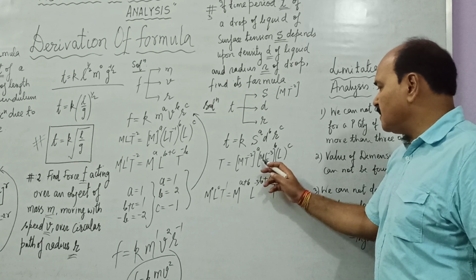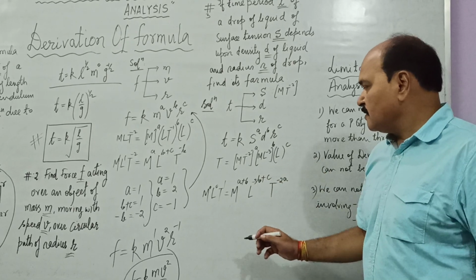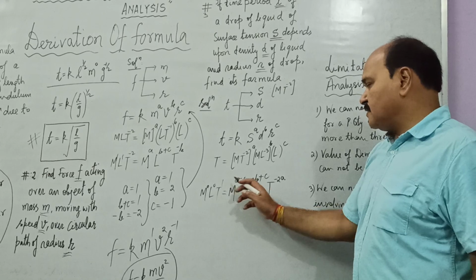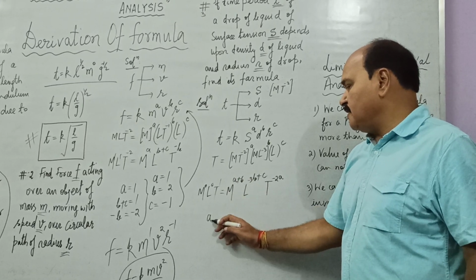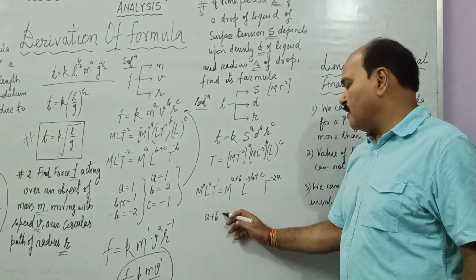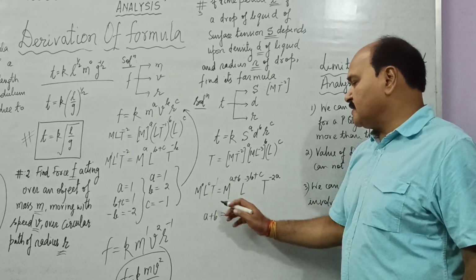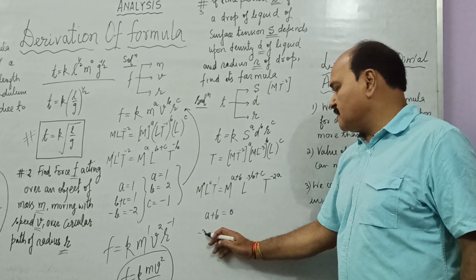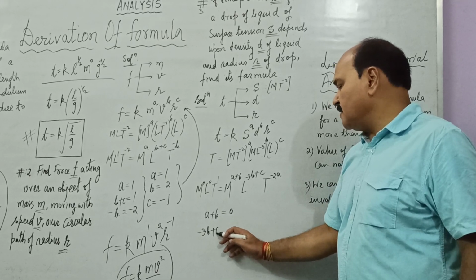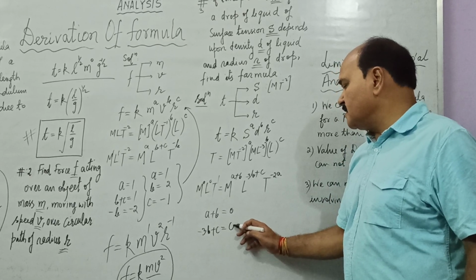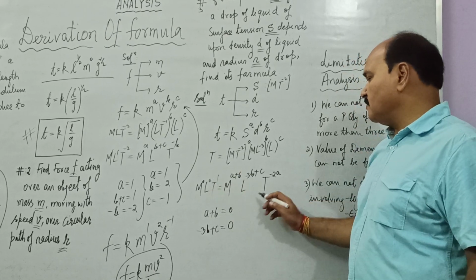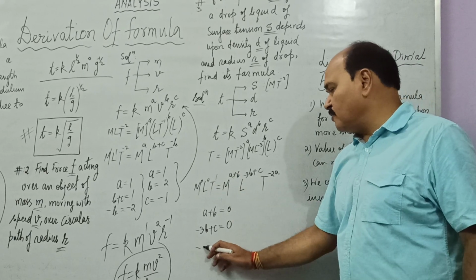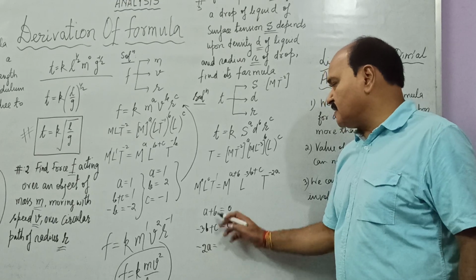There is no T anywhere else. Now let us create the powers. A plus B, which is power of M, right hand side, and left hand side is 0. Equation number 1. L to the power minus 3B plus C is equal to again 0, as the power here is 0. And T to the power minus 2A, right hand side, and left hand side the power is 1.